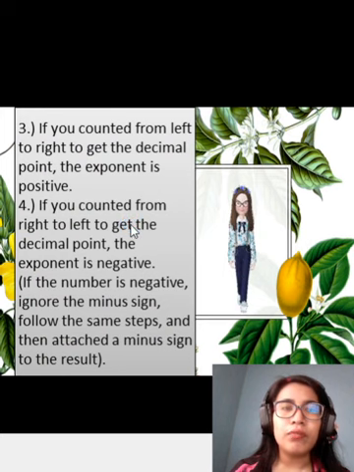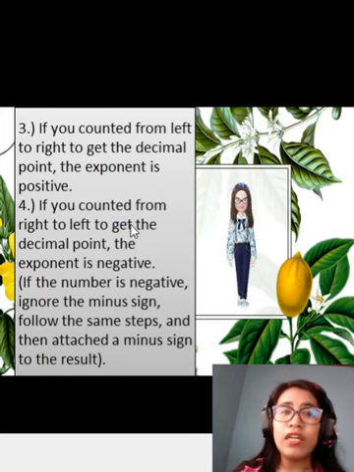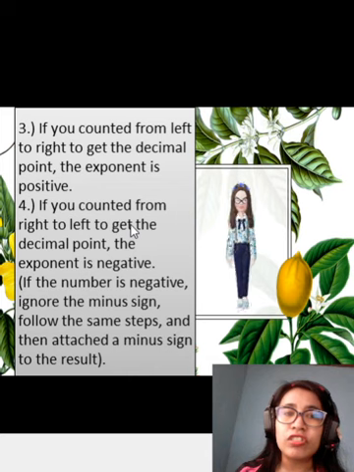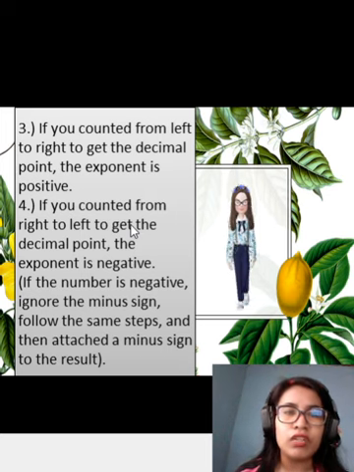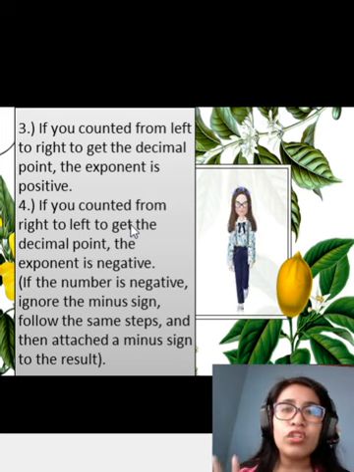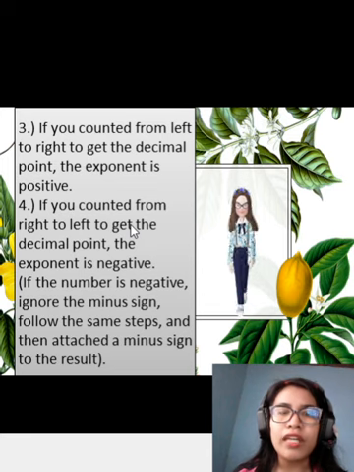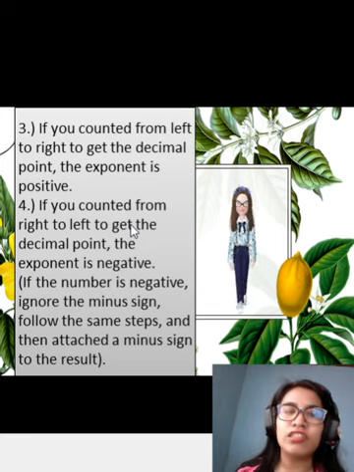If you count it from left to right to get the decimal point, the exponent is positive. If you count from right to left to get the decimal point, the exponent is negative. But there is a rule. If the number is negative, ignore it. Ignore the negative or the minus sign. Follow the same steps and then attach your minus sign to your final answer.